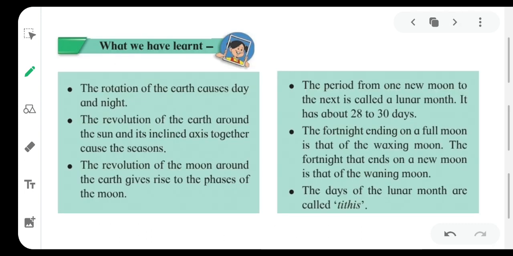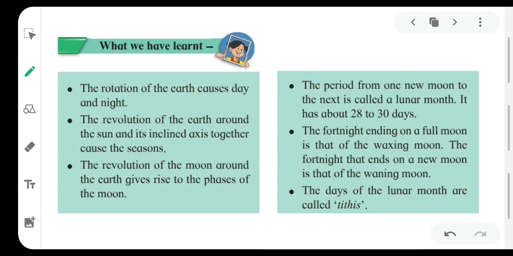And students, you should remember this, that the new moon takes 15 days. After that it is the full moon, that is the waxing moon. It is called as Shukla Paksha.